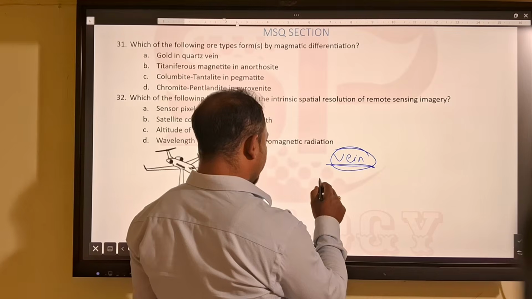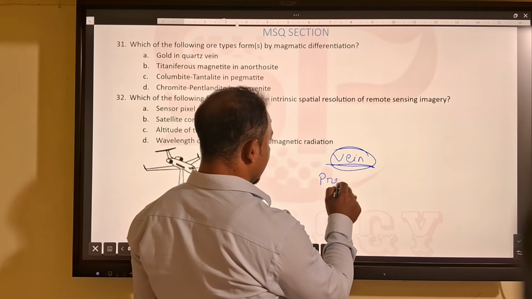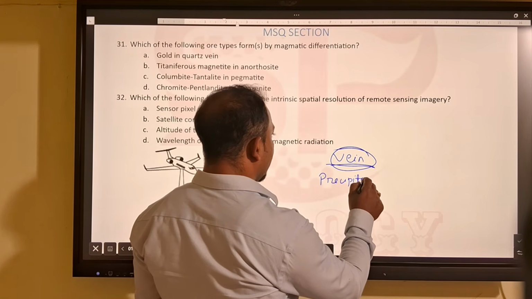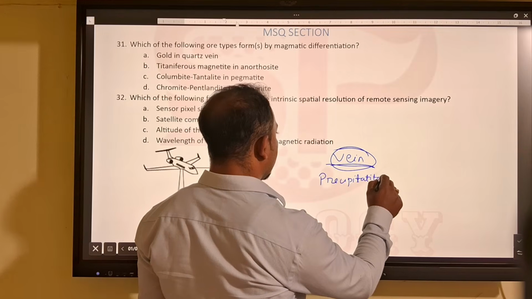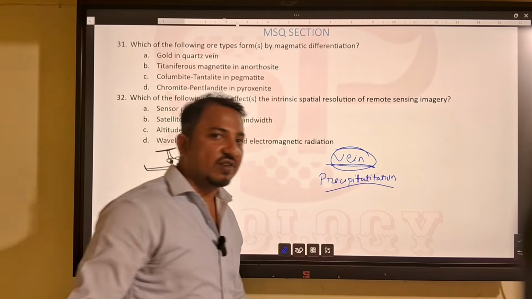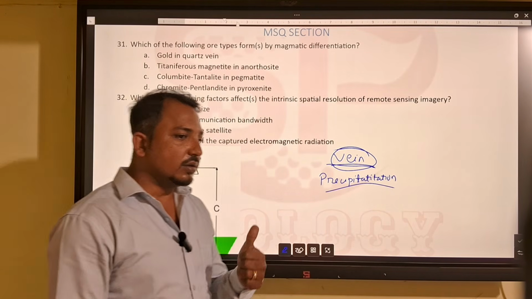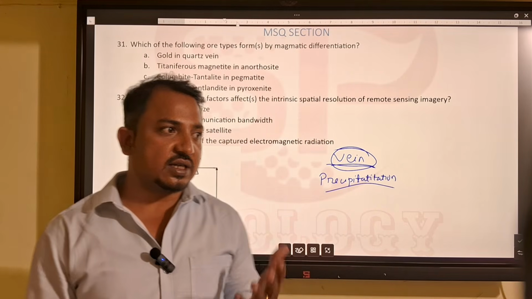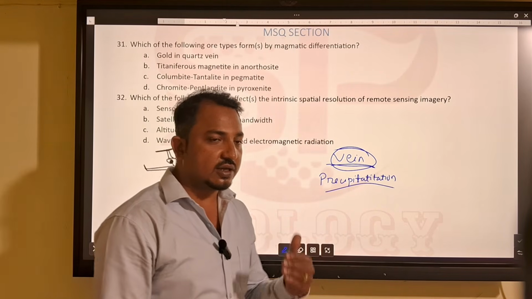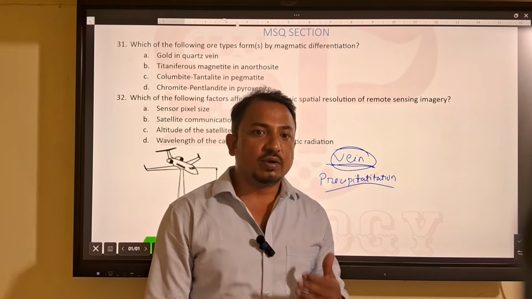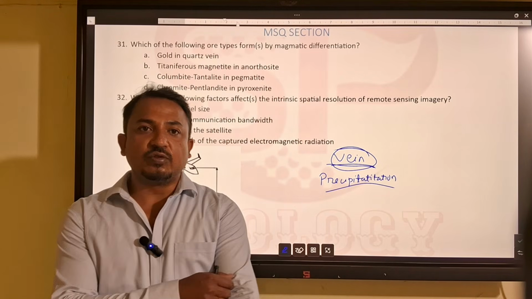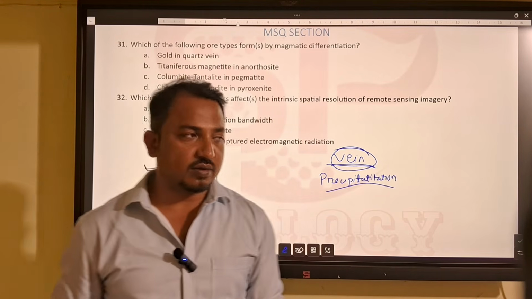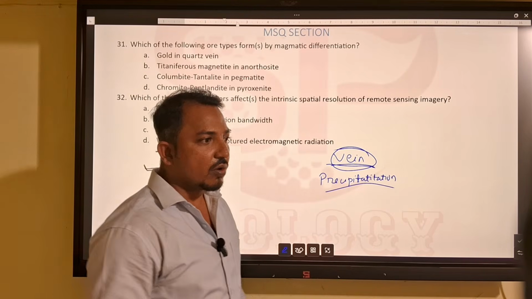It is precipitation along a fracture. So this belongs to hydrothermal. Hydrothermal means any hot water enriched in minerals, when it gets deposited along a fracture, that is called your vein.